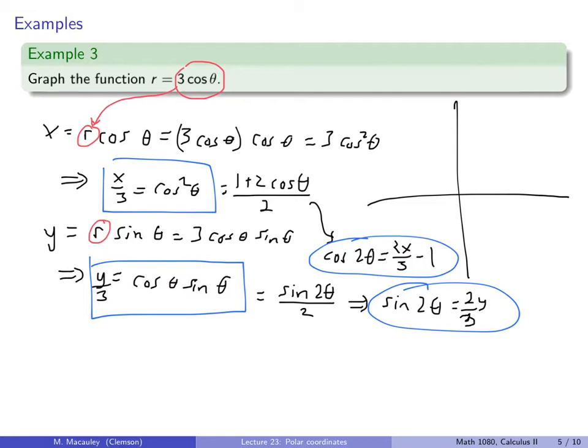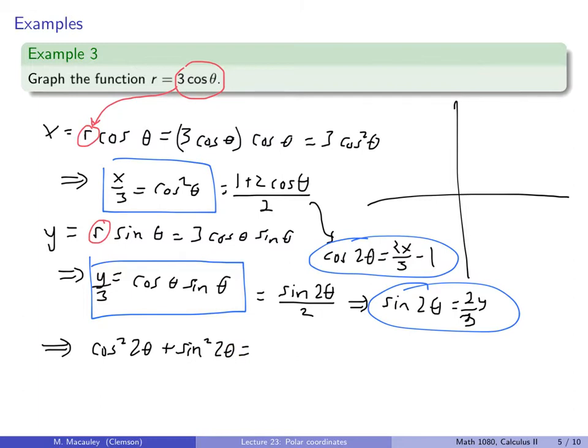So said differently, cosine squared 2 theta plus sine squared 2 theta is, well, let's write out what this is in terms of x and y, because if we do this, we have successfully eliminated theta, because this is just equal to 1.